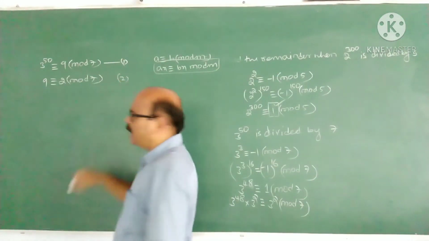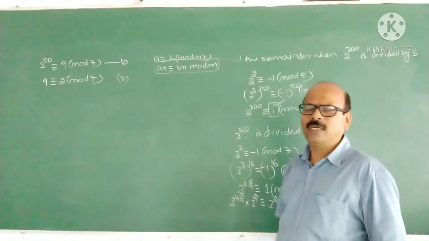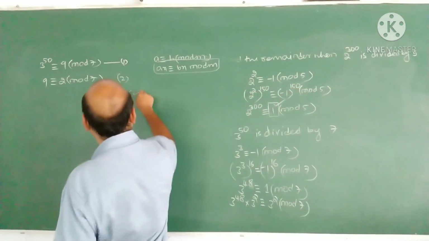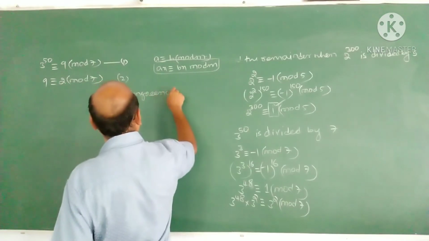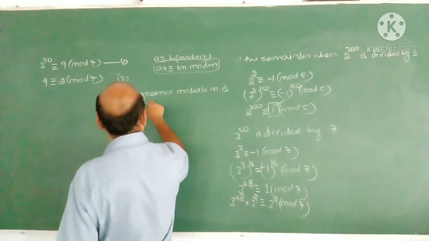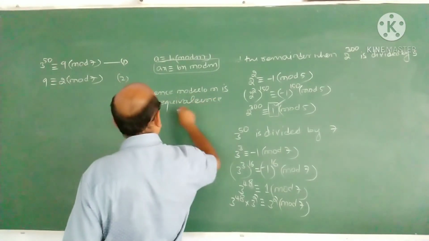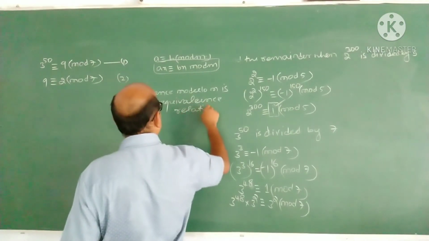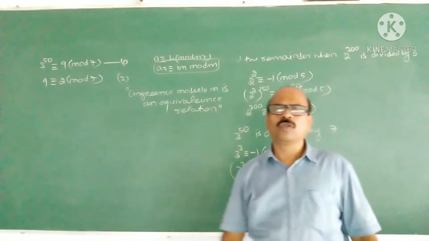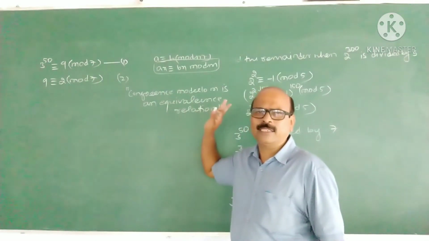Now in set theory, while studying equivalence relations, we have studied this one. Congruence modulo m is an equivalence relation. What do you mean by this? In set theory we have already proved this one. Congruence modulo m is equivalence relation means it is reflexive, symmetric and transitive.